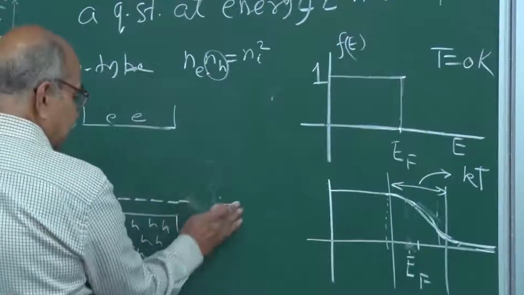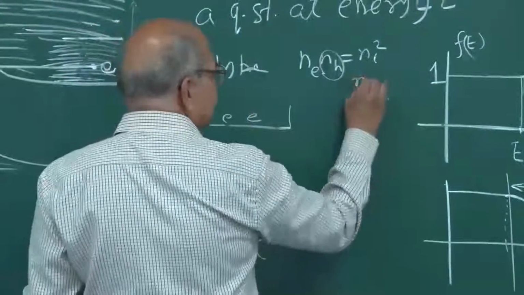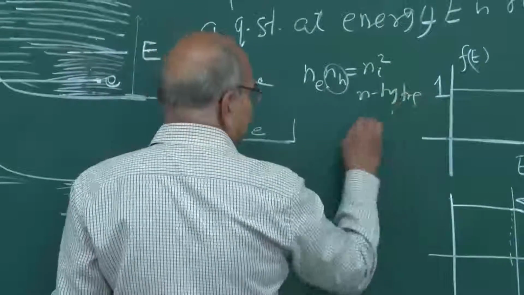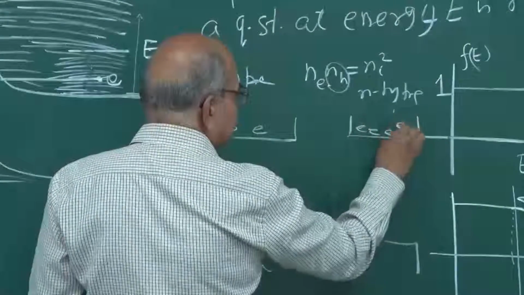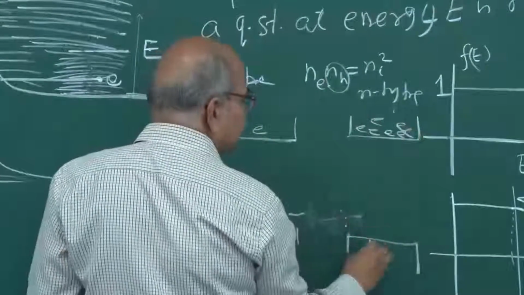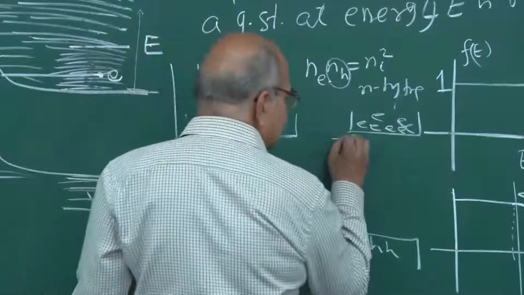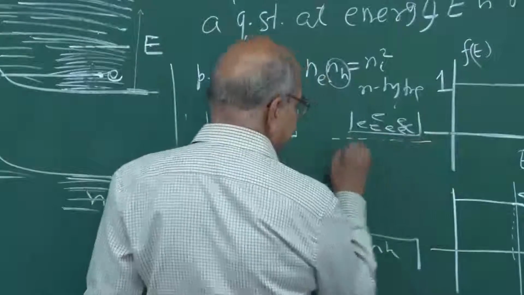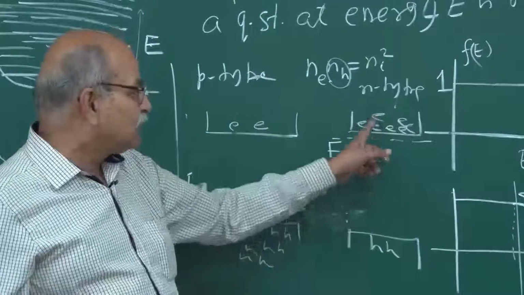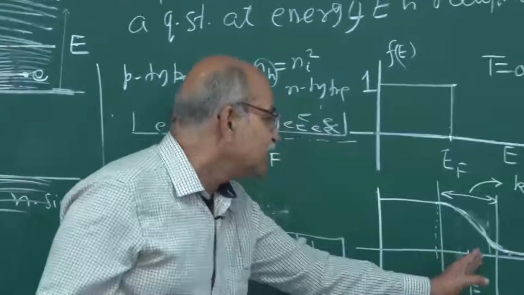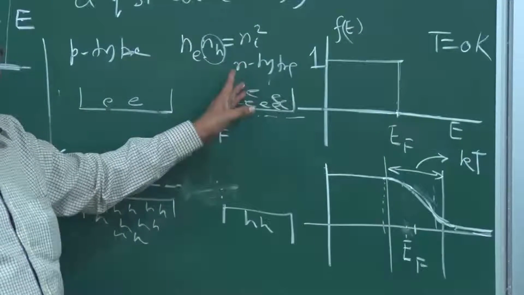Whereas if you have an n-type semiconductor, what happens? In n-type semiconductor, you have a large number of conduction electrons, and a very small number of holes. So here the Fermi energy is close to this EC, so you are close to the Fermi energy, slightly above that, so the probability is quite sizable.